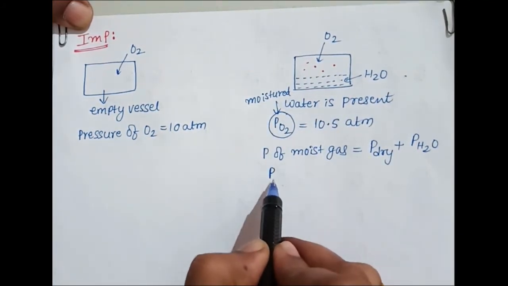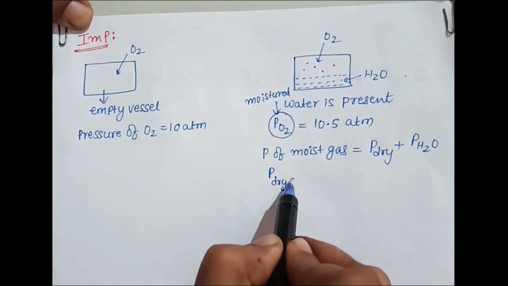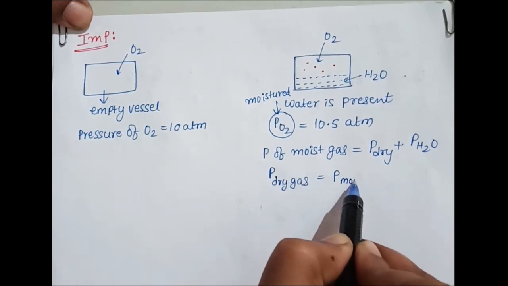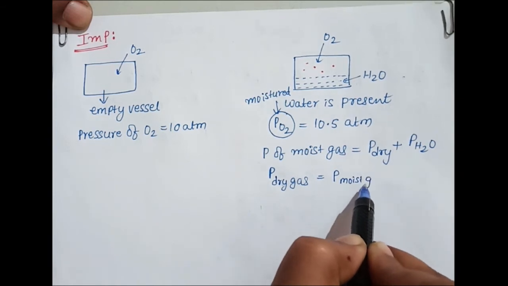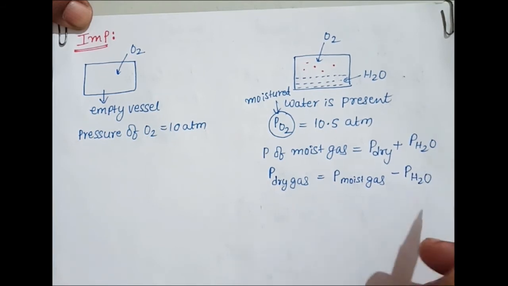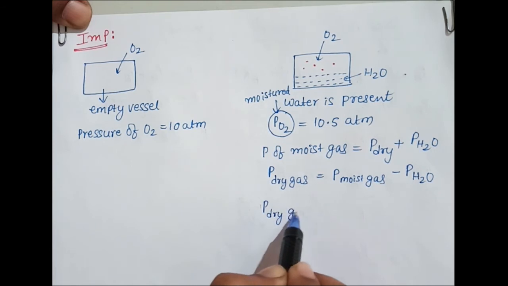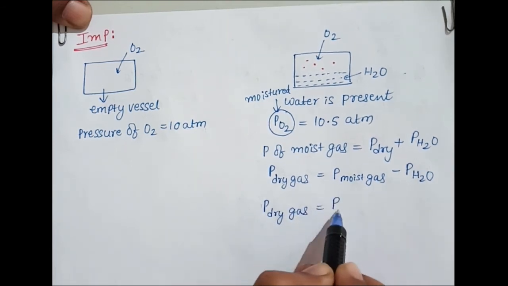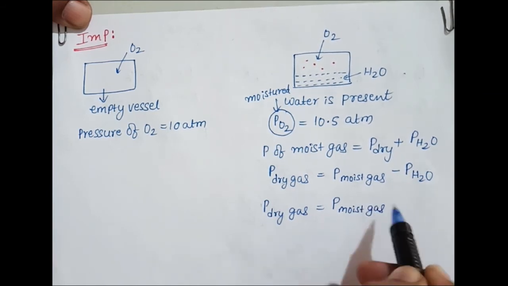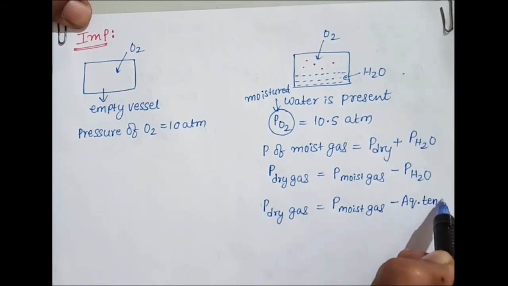So if I want the pressure of dry gas in a numerical, it is equal to pressure of moist gas minus pressure of water. The pressure of water is also known as aqueous tension. So pressure of dry gas is equal to pressure of moist gas minus the pressure created due to water, also known as aqueous tension.